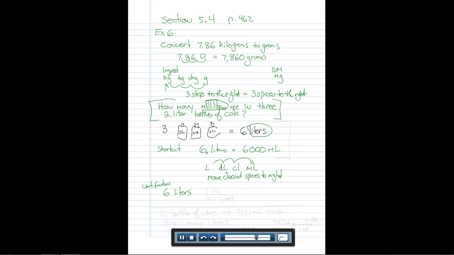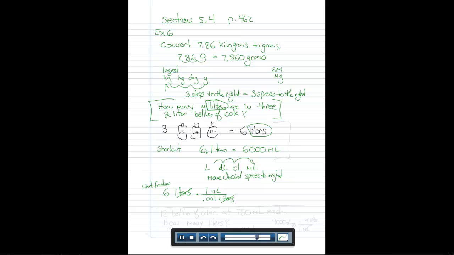So they had 6 liters. And that one that we just read off said that 1 milliliter is 0.001 liters. I wouldn't have known whether to multiply or divide on that one at all, because I don't have the same intuition on metric.